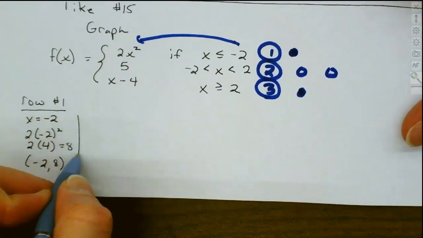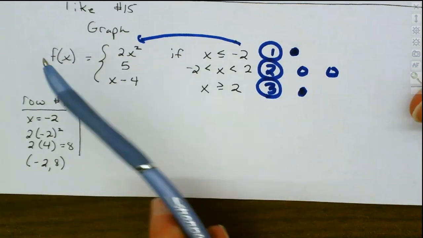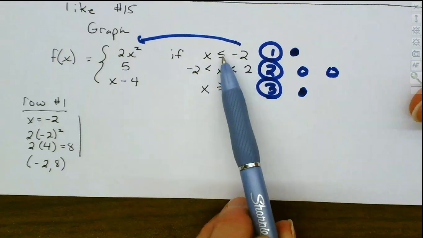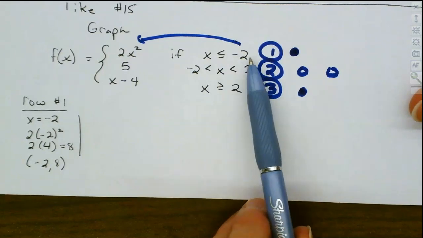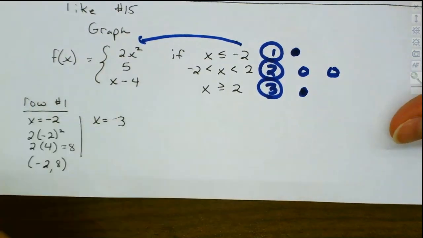Now, what do we need to make a line? 2 points. So we need 2 in each row. What does row 1 represent? It represents numbers that are smaller than negative 2. So we need a number smaller than negative 2. So how about we use negative 3? Negative 3 is clearly smaller.